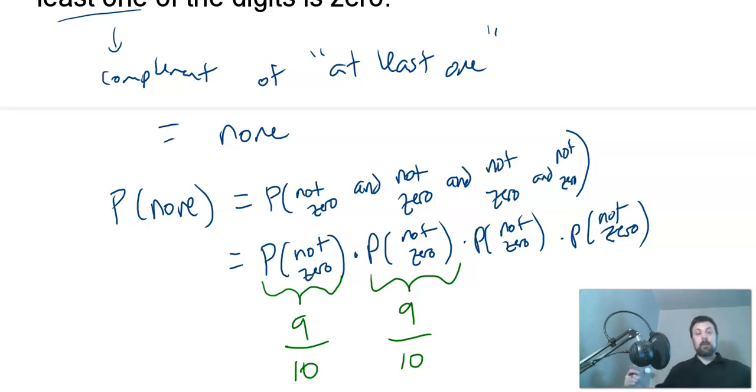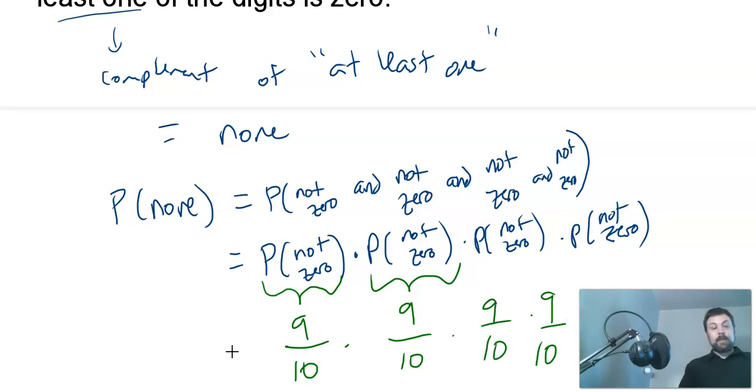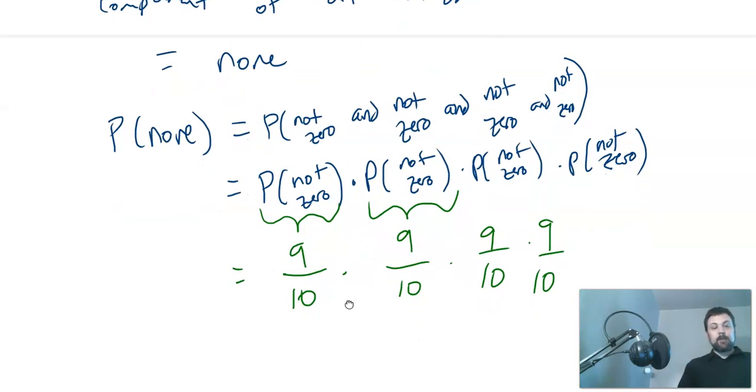There's still 10 to choose from. There's still 9 that are not 0. And that continues to be the case for the other digits. And so we'll have 9 out of 10 multiplied by itself 4 times. So the quick way to calculate that would be to take 9 tenths to the 4th power.